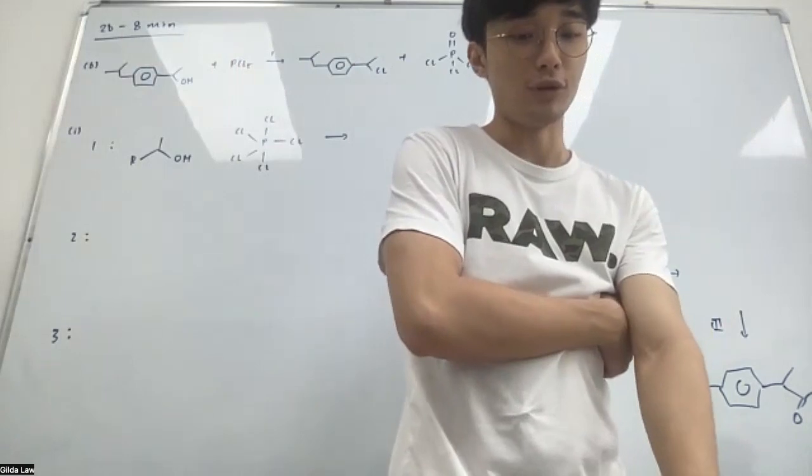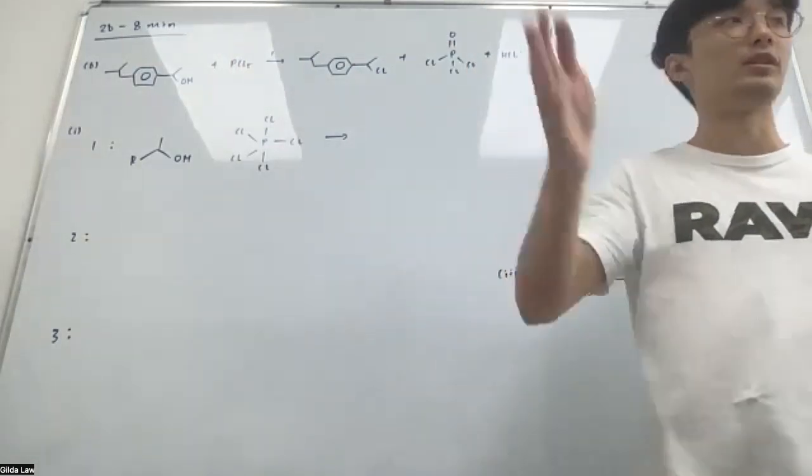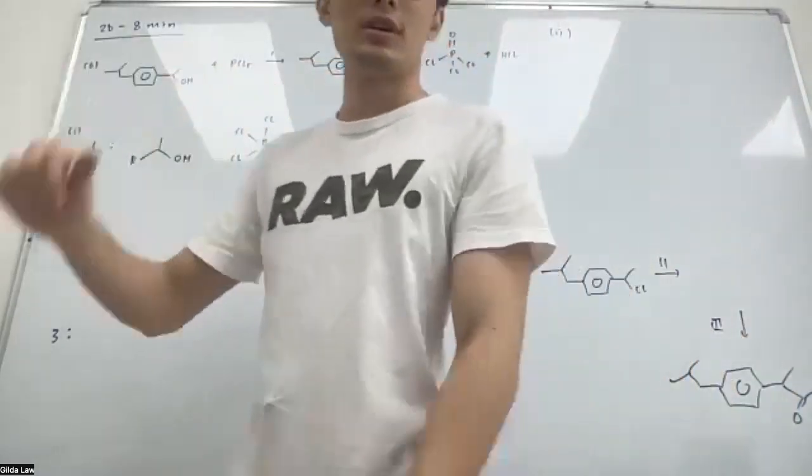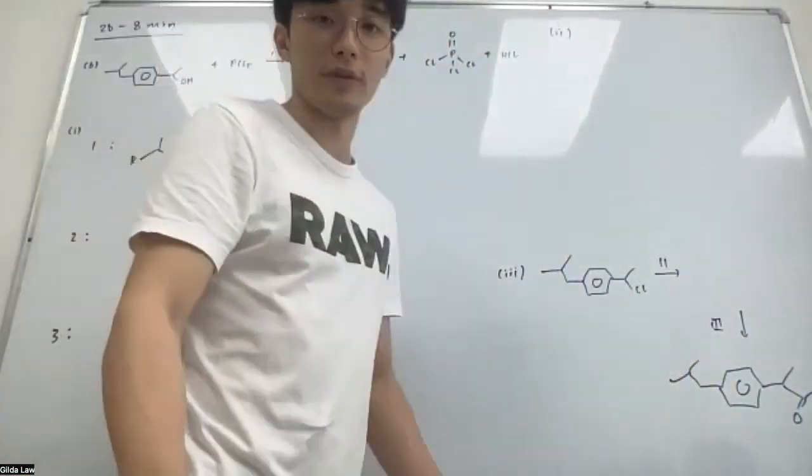By the way, for part 3, the printing is cut off. Ibuprofen is a carboxylic acid. Just refer to the first page. I don't know why there's a cutoff towards the end.